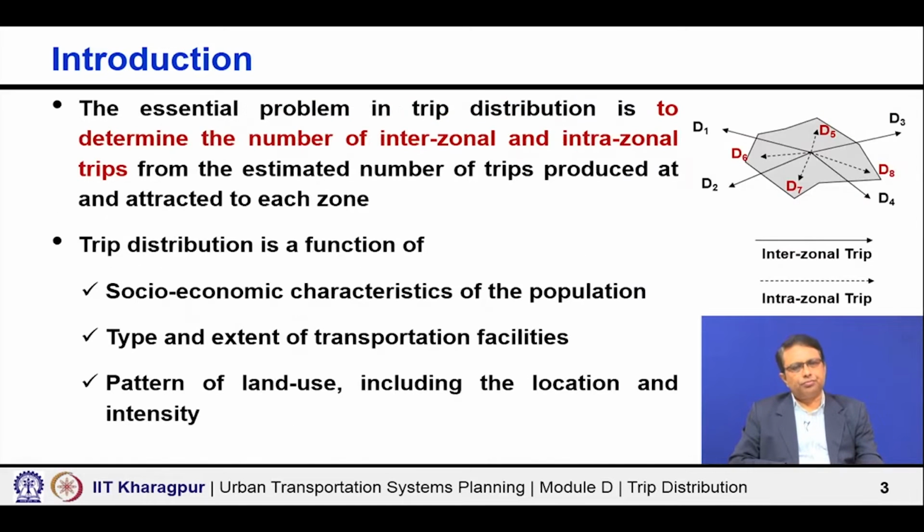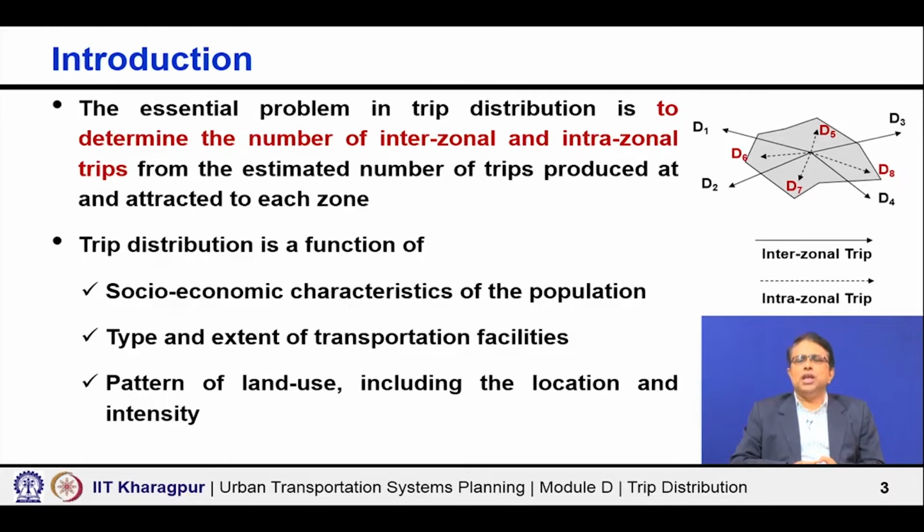Now, the essential problem we are trying to solve in this case is to determine the number of interzonal and intrazonal trips from the estimated number of trips produced and attracted to each zone. As I said in the previous slide, we know this P1, P2, P3, P4.